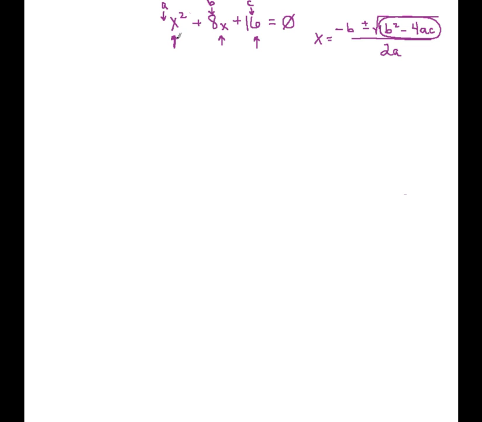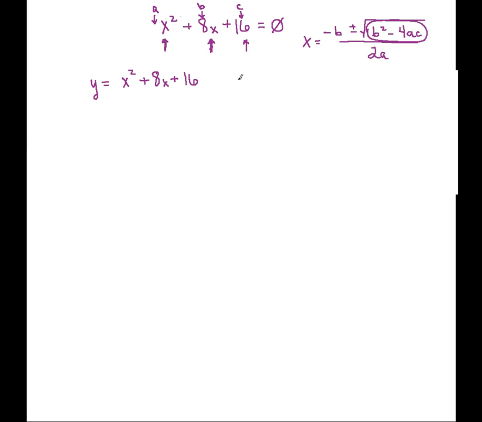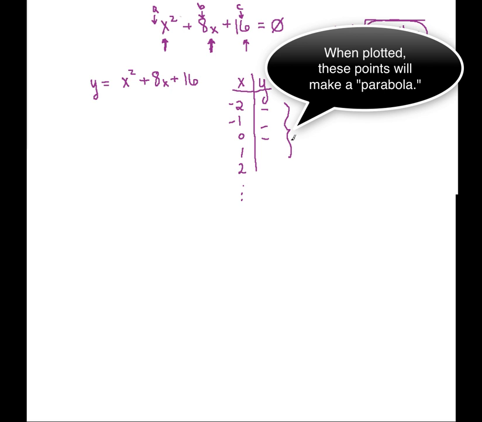If instead of asking you to simply find the solutions when we set this expression equal to 0, you're asked to actually graph this equation, so that we have y equals x squared plus 8x plus 16, we can easily plot this in the usual way by making a little table with 2 columns, one for x and one for y, and just choose some values for x, say -1, -2, 0, 1, 2, etc. Plug those values into the equation for x and find the corresponding value for y, then plot all those points on the xy coordinate system.